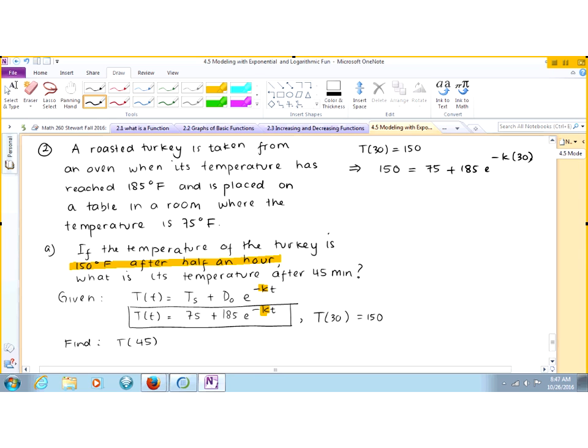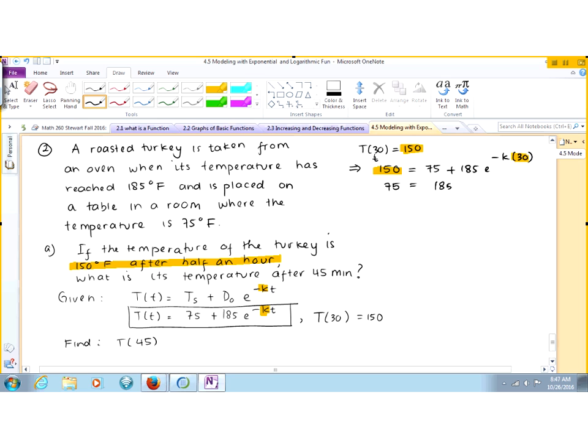What we did here was substitute the 150 here as T of t, and then this is your t. Your t is 30. Got it? You could ask all the time. Is it okay, everybody else?